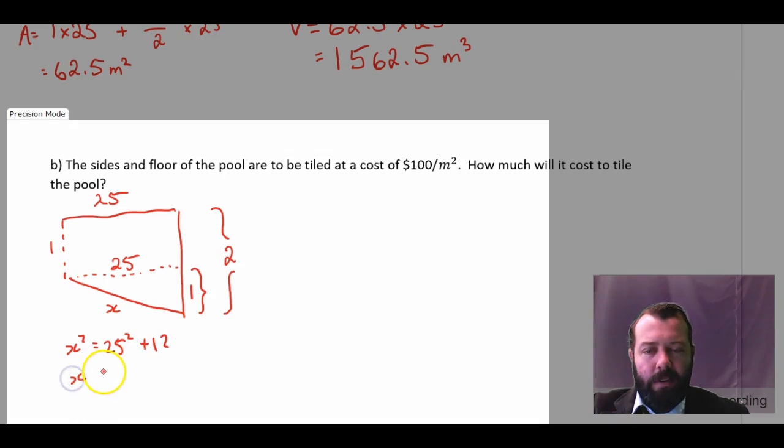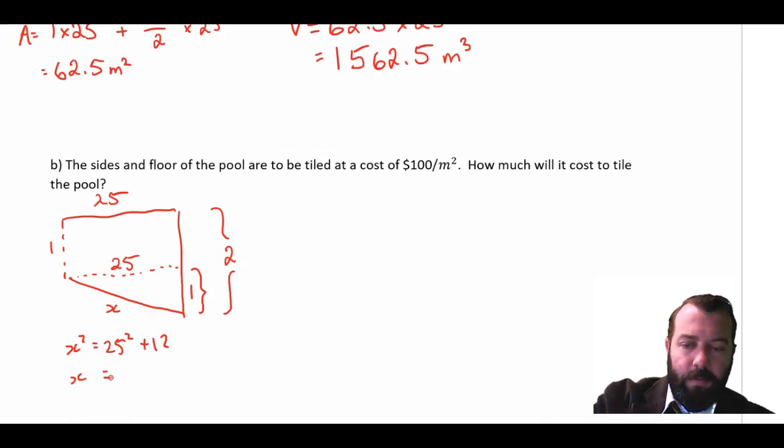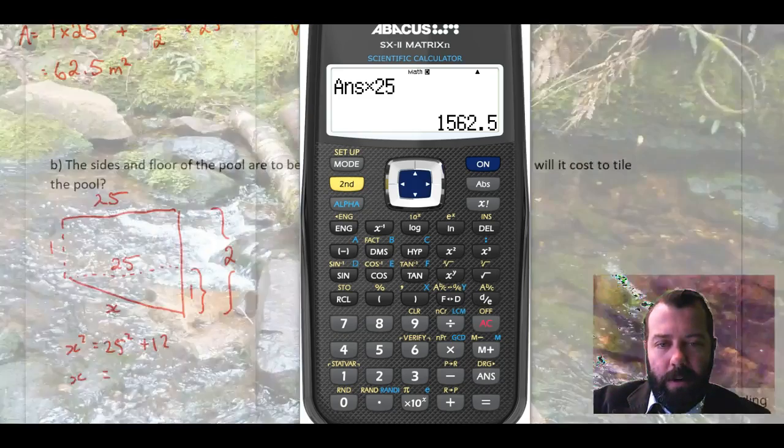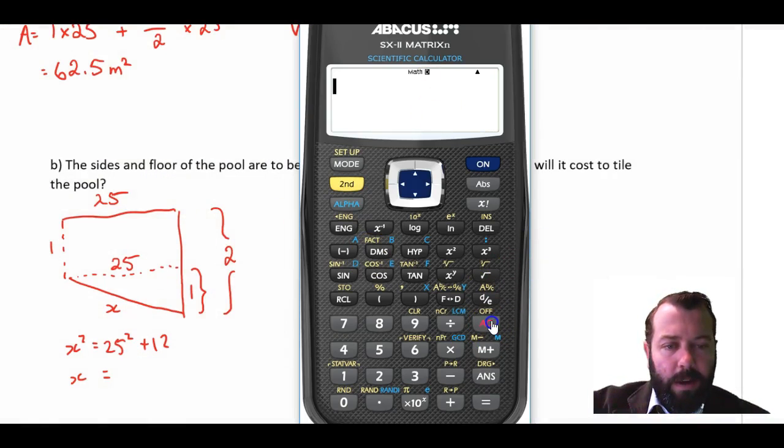Means that x equals, so here, let's pull the calculator up onto the screen. Clear that last one off. I have 25 squared plus 1 squared, which is just 1, save myself the time, equals this. And the square root of that is going to be very close to 25.